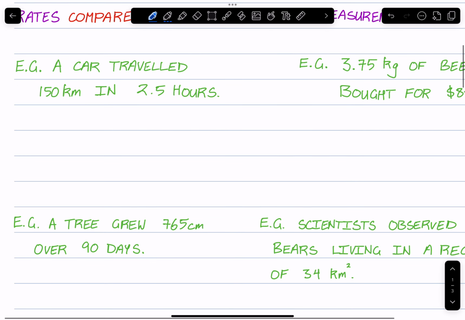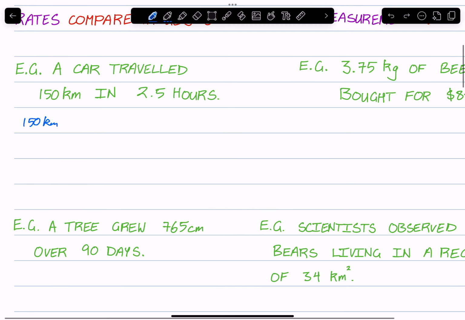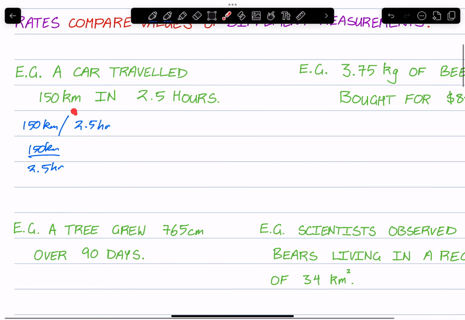We write this as 150 kilometers per 2.5 hours, and per is the preferred one. You might also see this as 150 kilometers over 2.5 hours, but that's just what this fraction is symbolizing.